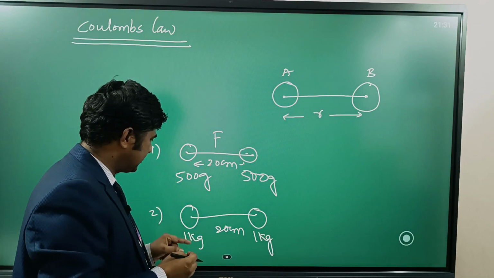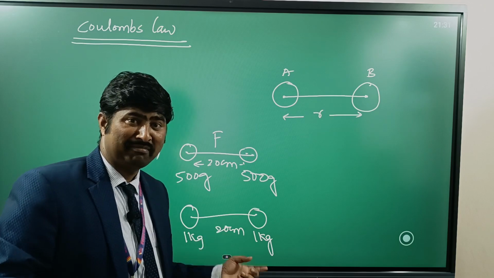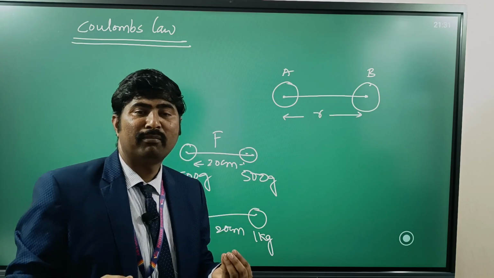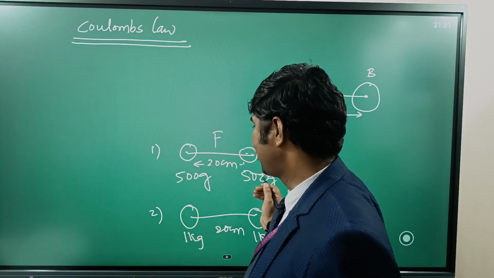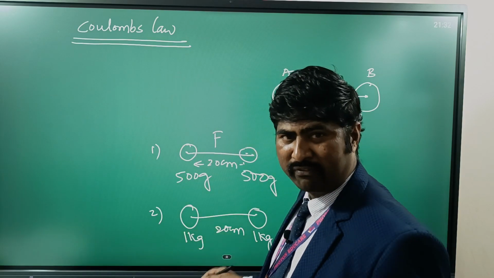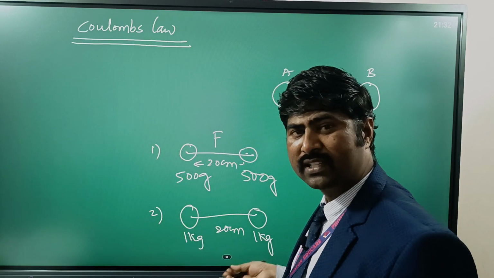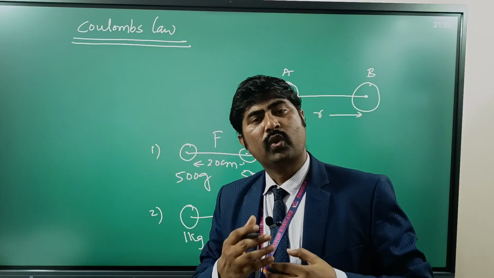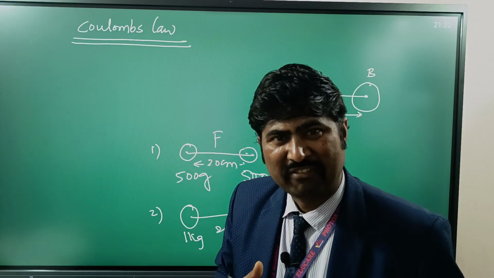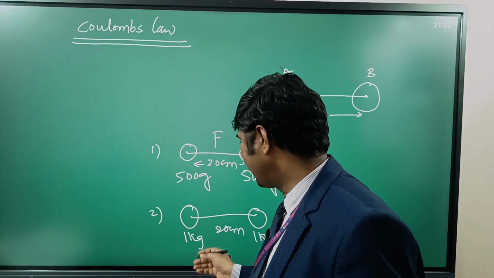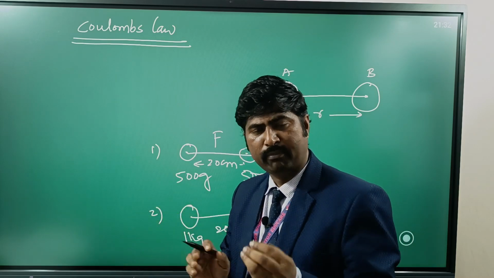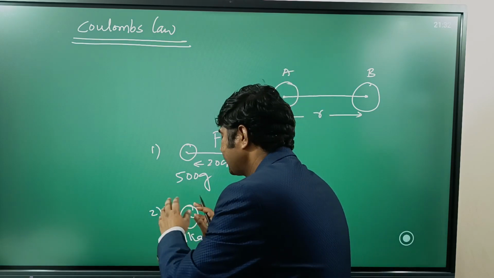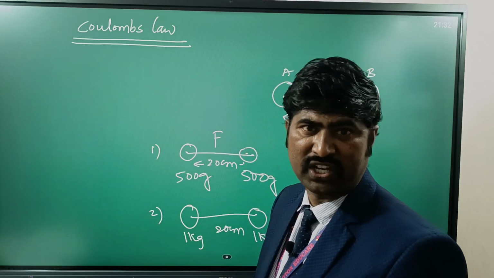So in the second case, the distance is the same, but we have taken more magnitude, 1 kg. Next in the third case, 1.5 kg, and in the fourth case, 2 kg. For every increase, I cannot increase directly; I am just replacing this 1 kg with 1.5 kg, then replacing this with 2 kg, like that I can change.